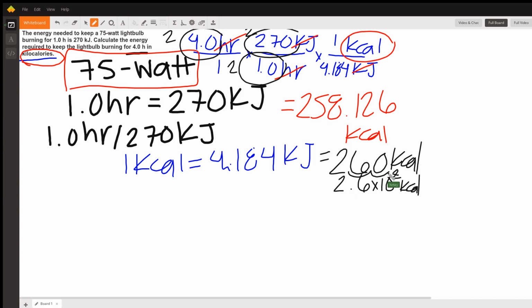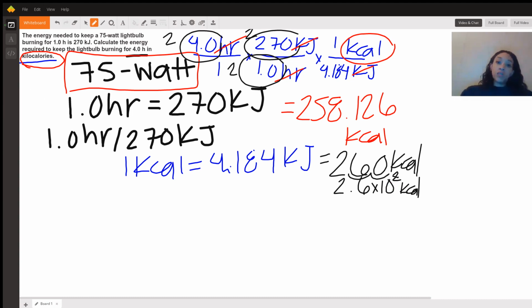And I hope this helps. Looking at all the units, the main thing is just write down any conversion factors that they are giving to you, even if it's not clear cut. Here, you can see that 1 hour is attached to 270 kilojoules, so that means that they are together, so you can write them as we have to help to switch and transfer to other units.